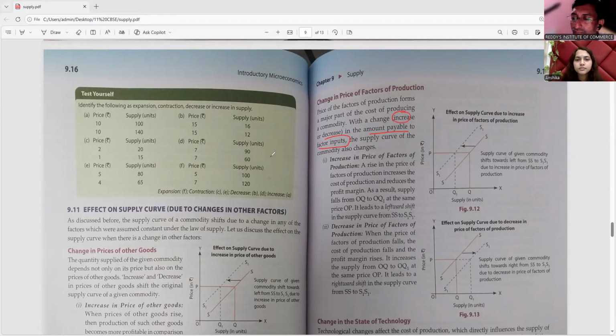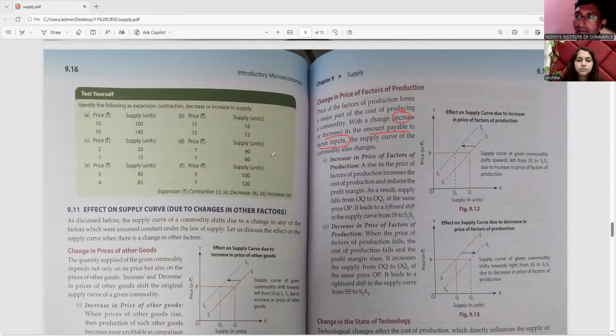If you are making this pen and for making the pen you incurred 100 rupees, then obviously you keep at least 20% profit from that pen. Suppose after some time the input cost increases from 100 rupees to 150. Then I cannot sell that product for 110.